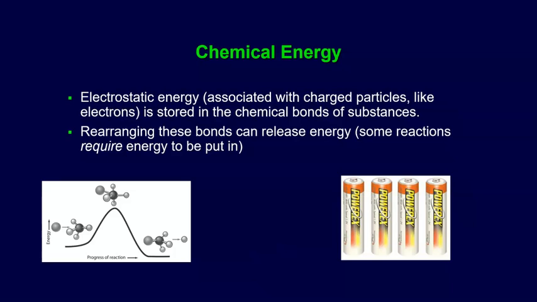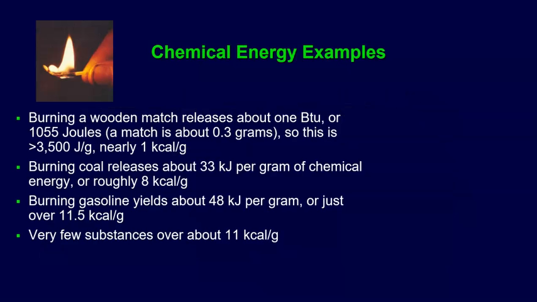And rearranging these bonds can release energy. In a broader context, this is basically what chemistry is, the study of how these different bonds work. For us, though, we can look at different types of things and understand how much energy can be released from them.